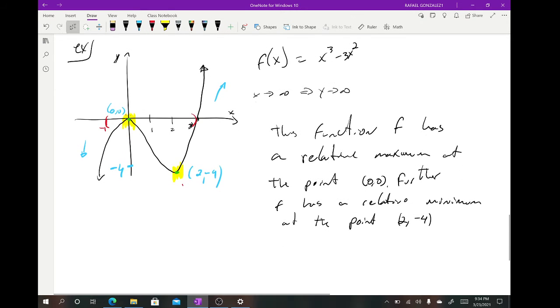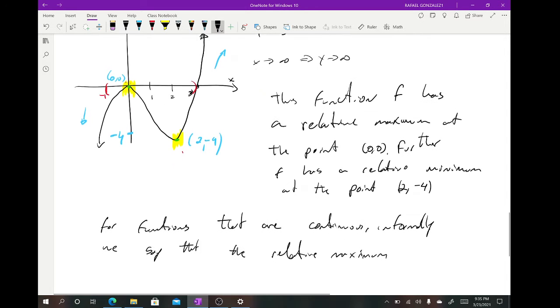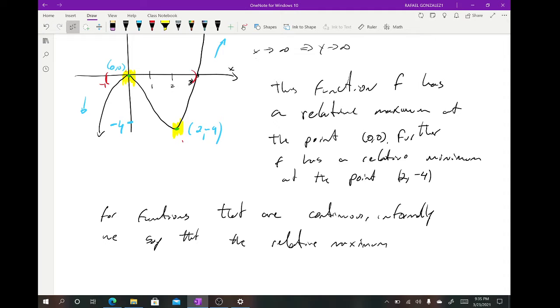Okay. Now, for functions that are continuous, informally we say that the relative maximum, you could have more than one. Sometimes you have two hills that are the same size.